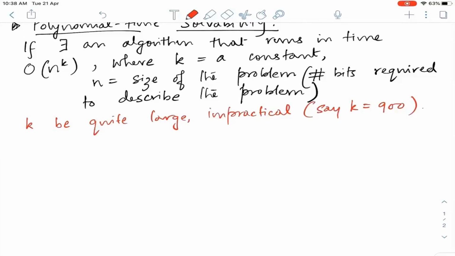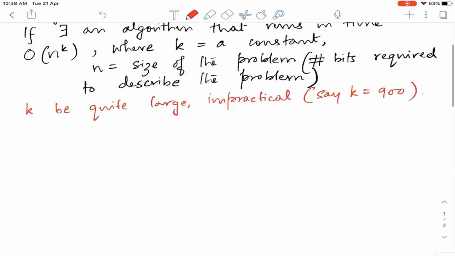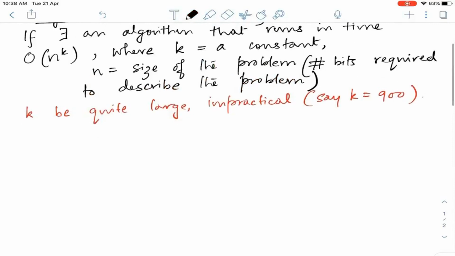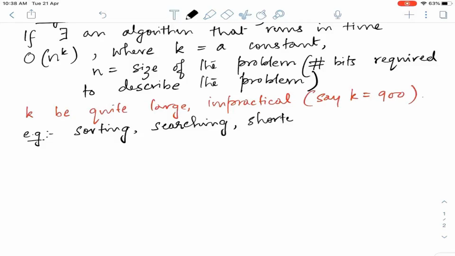Throughout this course, we have seen a lot of problems that are polynomial time solvable. Let me just list down some examples. Sorting, searching, then we talked about shortest paths. We did not talk about minimum spanning trees, but I'm sure you have done this in your other courses. Also flows.